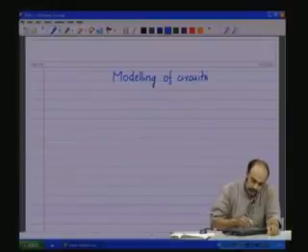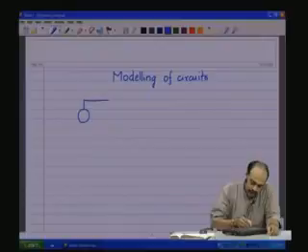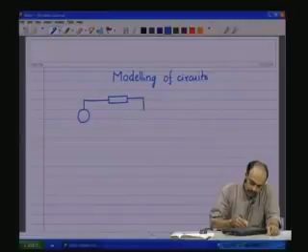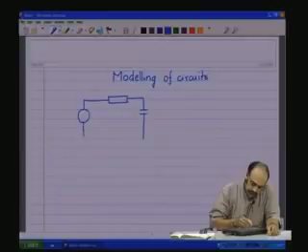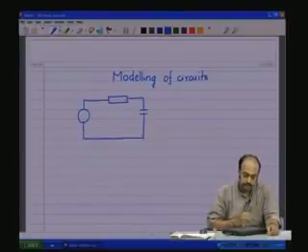Consider a simple circuit with a source, a resistance, and a capacitance, all of them connected in series in this manner.